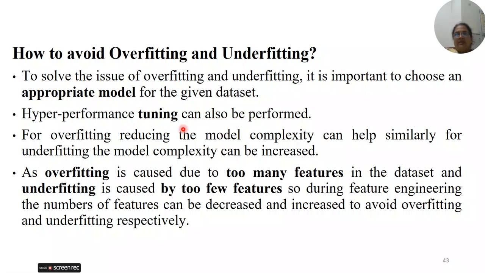If we select the correct hyperparameters, it is going to tune the performance, so the model may not overfit or underfit. For overfitting, reducing the model complexity can help. Similarly for underfitting, the model complexity can be increased. If the complexity of the model is at the right level, then it may not cause either overfitting or underfitting.